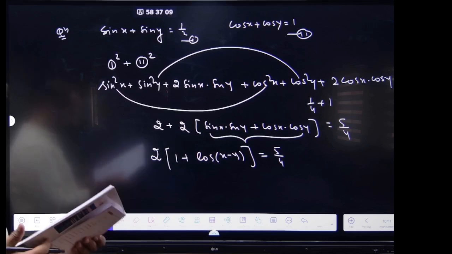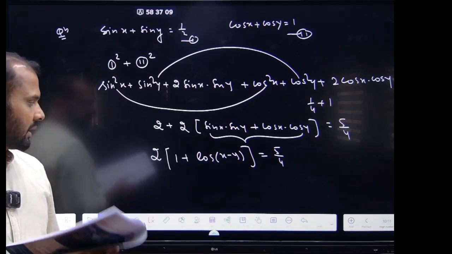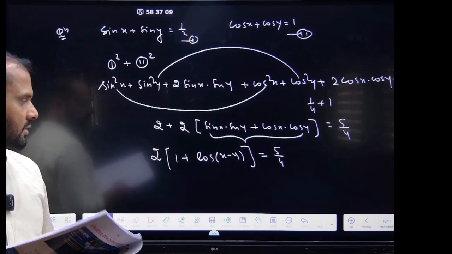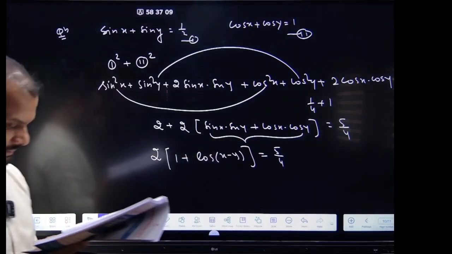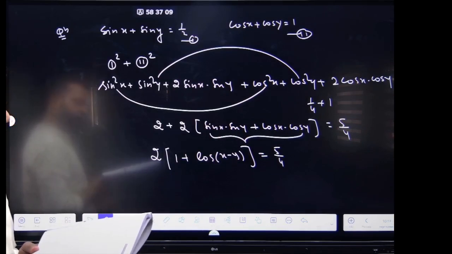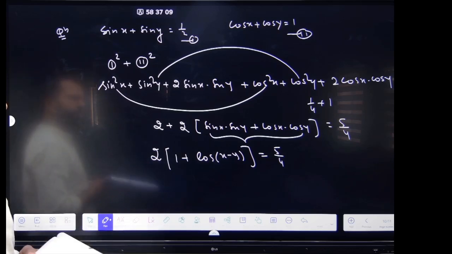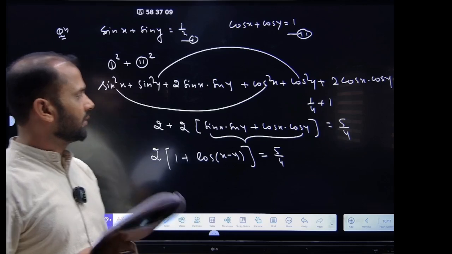But still the problem is there, because here they are asking us to calculate tan x plus y. We can calculate tan x minus y. Minus we do not want. Here we need plus. How will I get plus? How will we get it? If minus will be there, then only plus it will be, right?